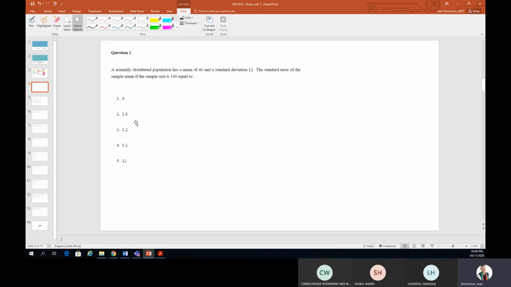So let's see what they are asking here. A normally distributed population has a mean, a standard deviation, and a sample size. This time they're asking us to work out the standard error.